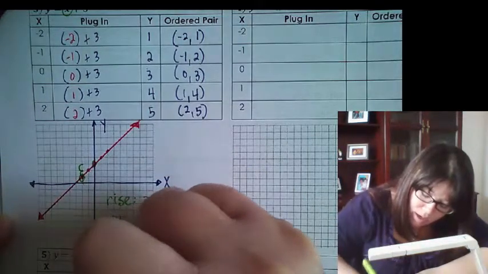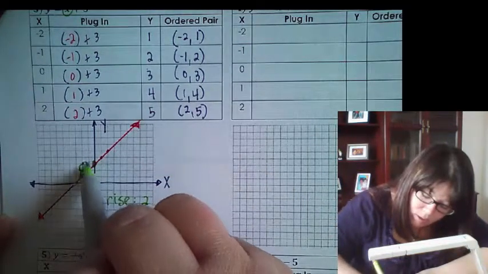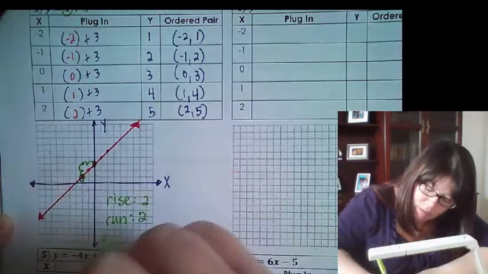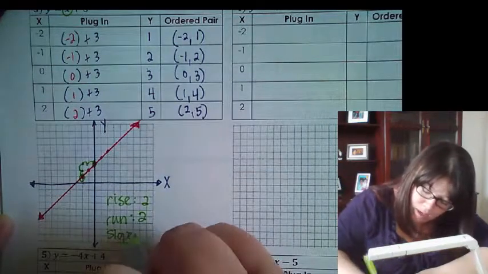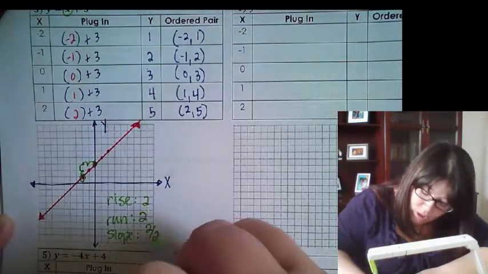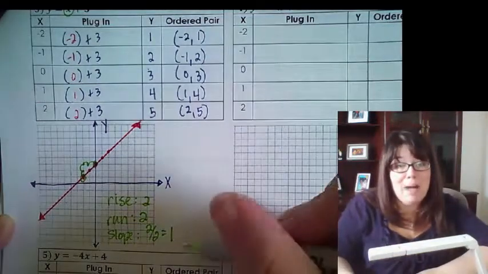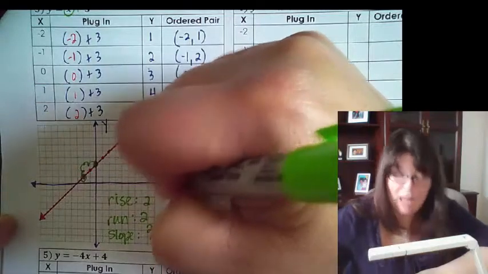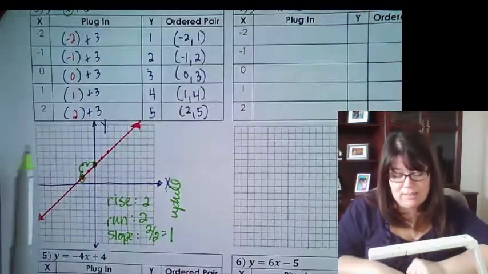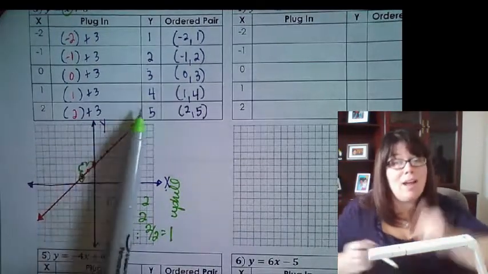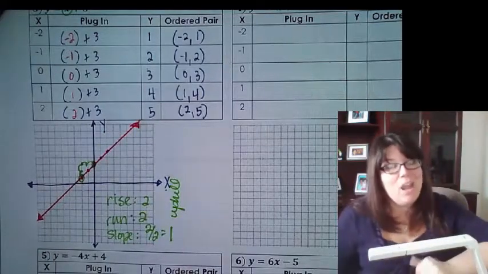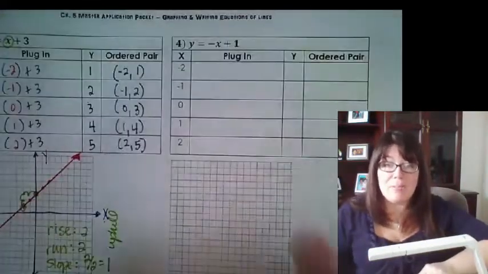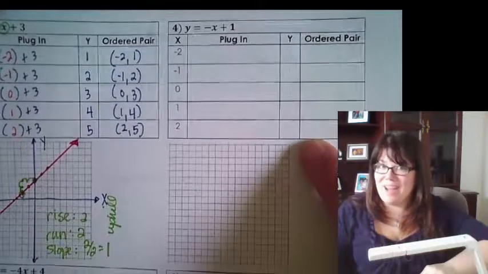My run, 1, 2, is also 2, which means my slope is 2 over 2, which is just 1. That's a positive, so I would expect this to be an uphill line. And if I go from left to right, I see, sure enough, it's an uphill line, so that means I graphed it correctly. Why don't you pause the video, tackle number 4, come on back when you think you've got it.